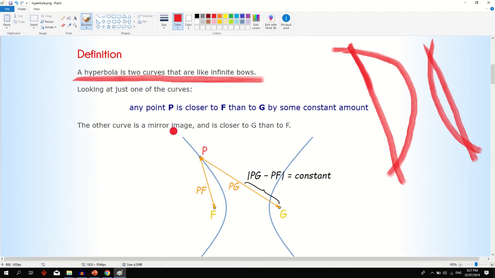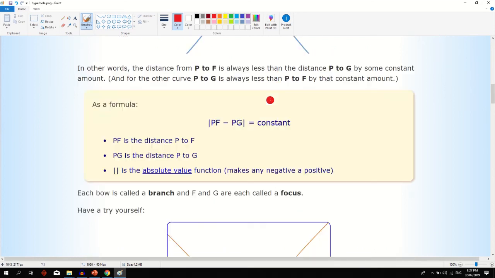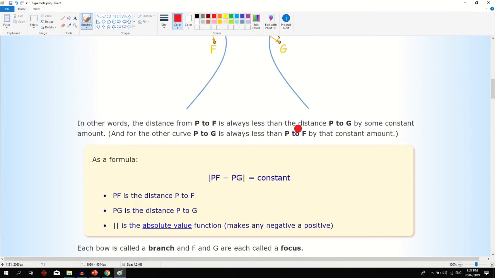The other curve is a mirror image and is closer to G than F. So we have point F here and point G. Then P is closer to F and farther from G. In other words, the distance from P to F is less than the distance from P to G by some constant amount. And for the other curve, P to G is always less than P to F by the constant amount.